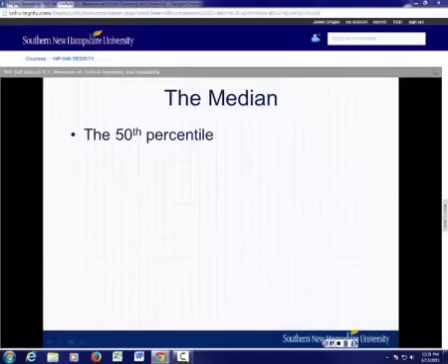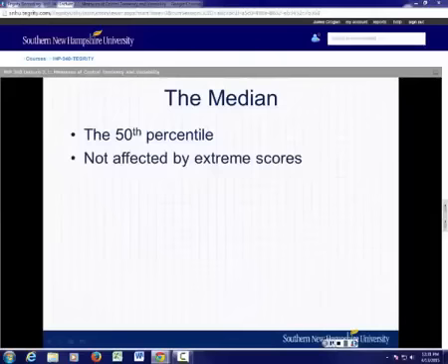That middle position means that half of the data fall above that person and the other half fall below it. The median is not affected by extreme scores. So if the highest score in the data set was 5 versus 500, the middle position still would not change. And we'll talk about this in a minute as well.